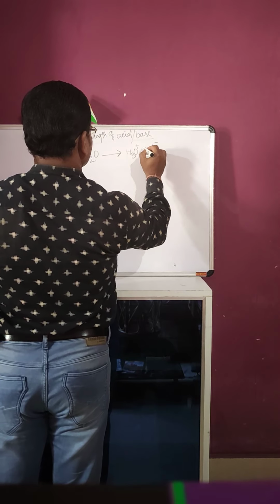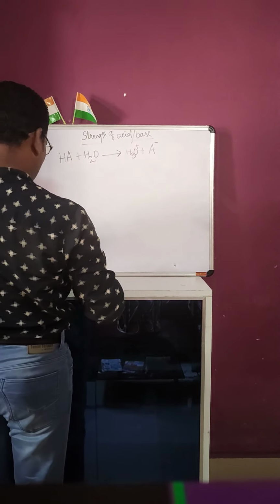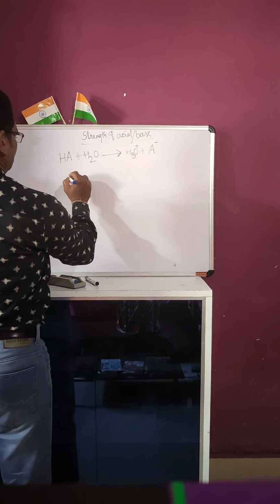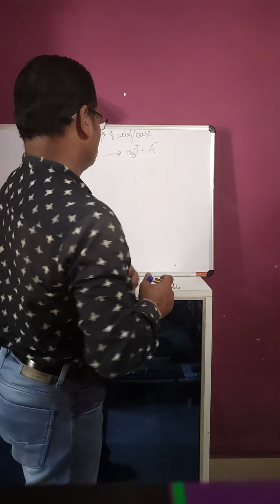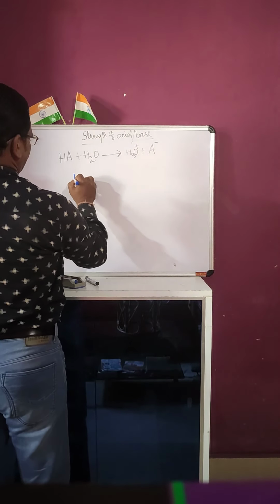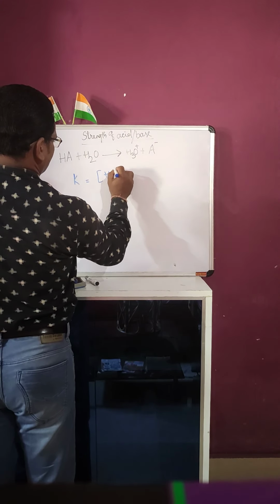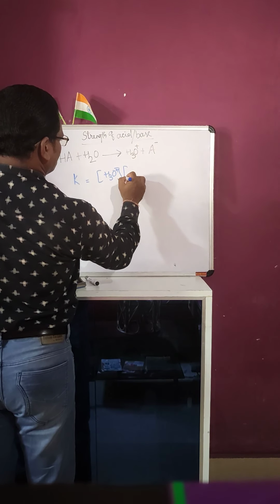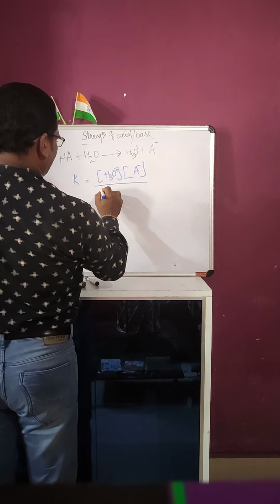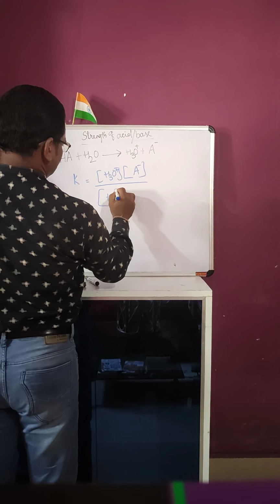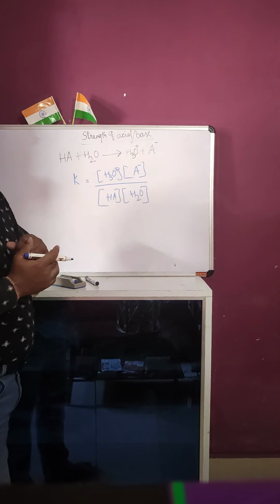Now, according to the law of chemical equilibrium, K equals the molar concentration of H3O plus and A minus, divided by the molar concentration of the acid and the molar concentration of water.